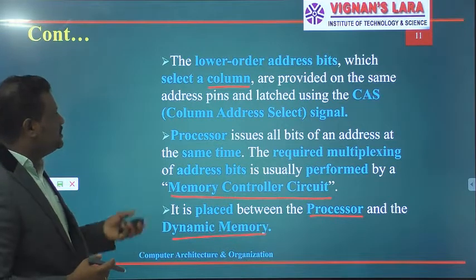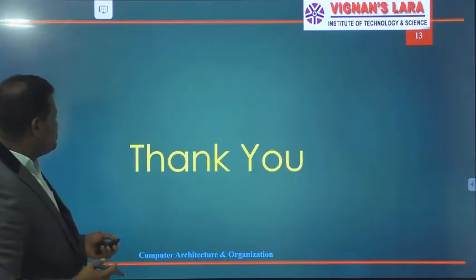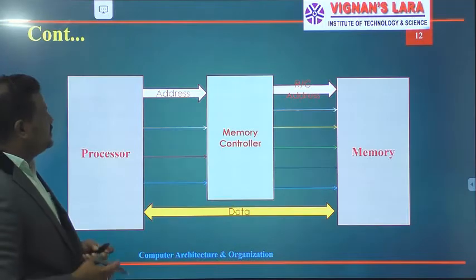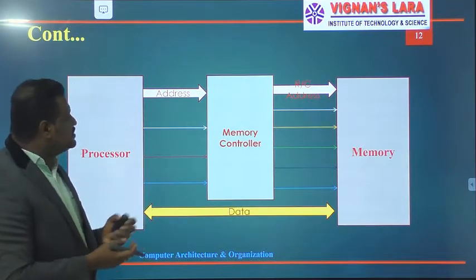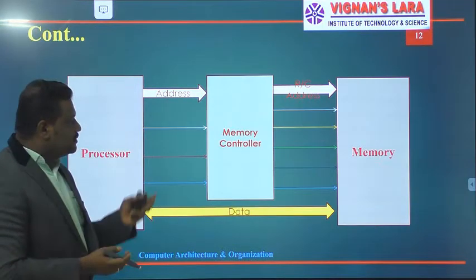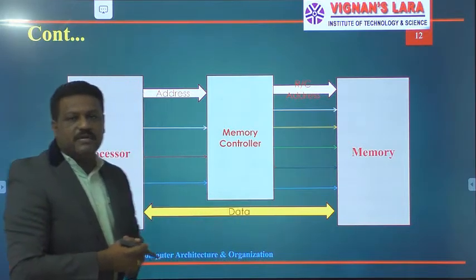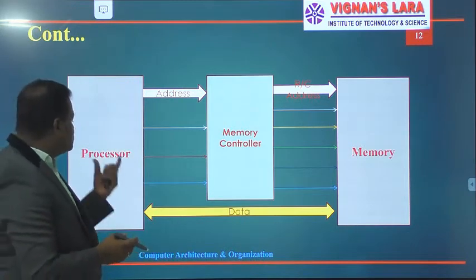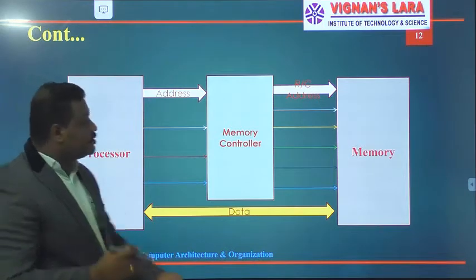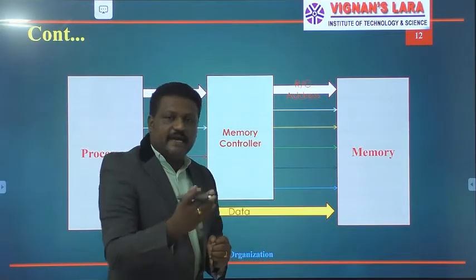So let me go and show that. Yes, this is our memory controller, which is placed between the processor and the memory. In this case, the processor generates the address of a particular location at a time.